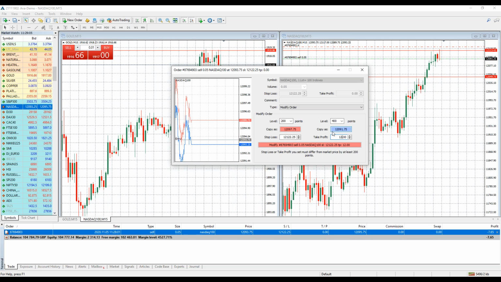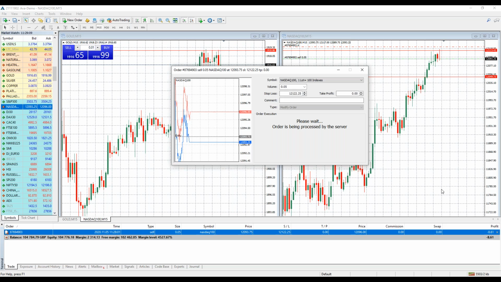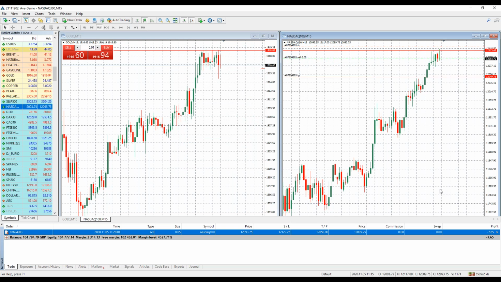You might be thinking, okay, this is a great technical strategy. What does this have to do with fundamentals? Well, we just looked at the fundamentals, and we understand fundamentally with the news why the markets went up. But we also understand there's a lot of confusion as to what's going on in the US elections, and there's still fear about the pandemic, and the virus has been spreading worse in different places.